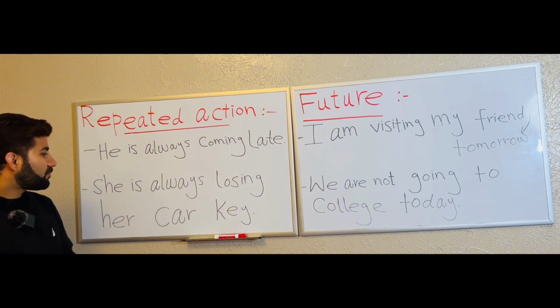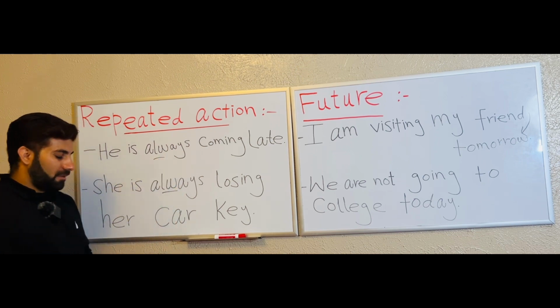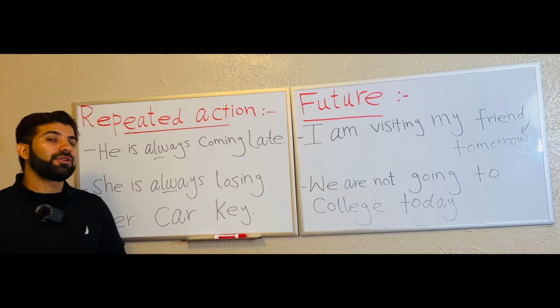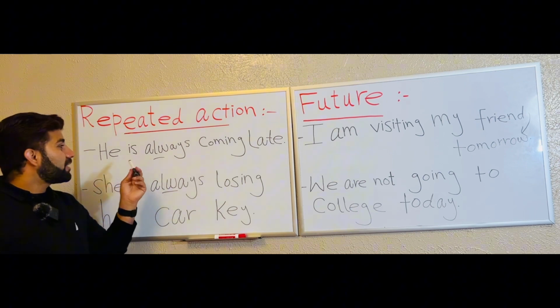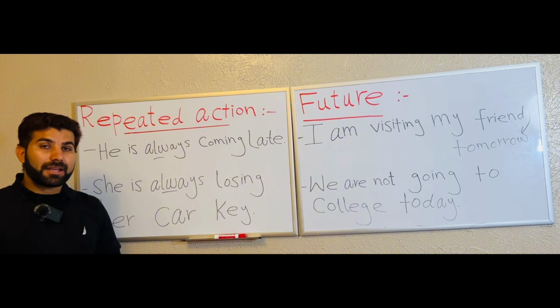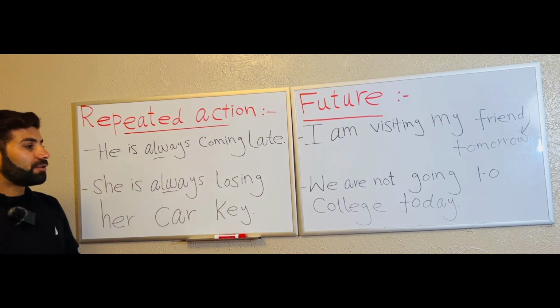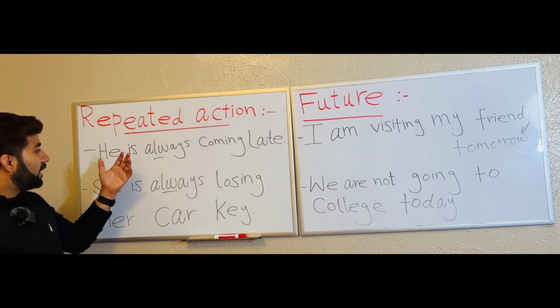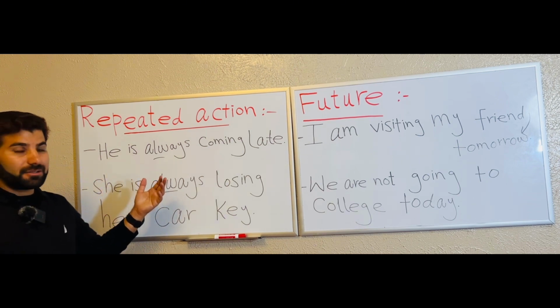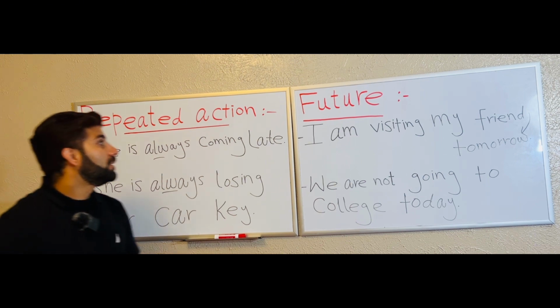We see I use here always, always. And I also said we're using repeated action, especially always, in present continuous tense for negative situations. And this kind of sentence is used at an advanced level.